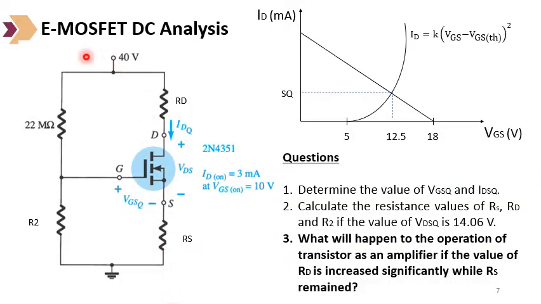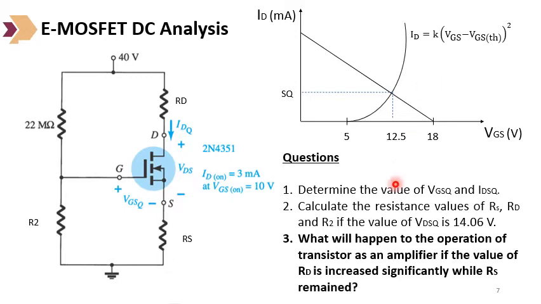All right, so as you can see here, we have the similar circuit. But you don't have any value of R2, you don't have any value of the RD, and you don't have any value of the RS, but given to you is the graph, the transfer curve graph.